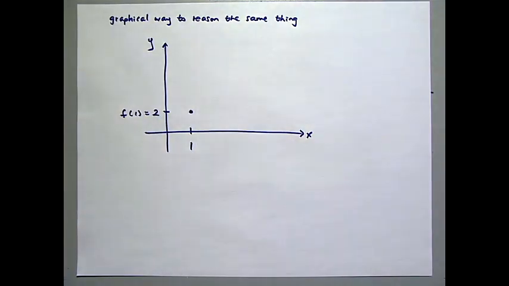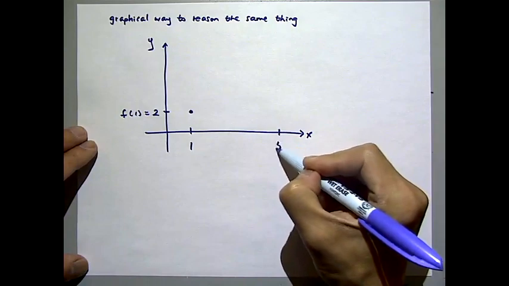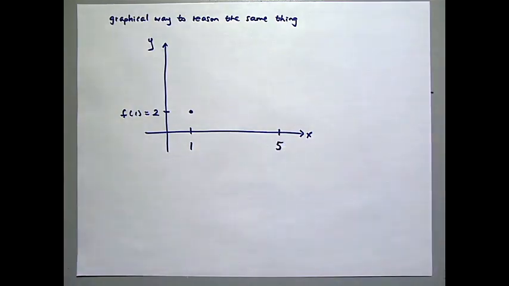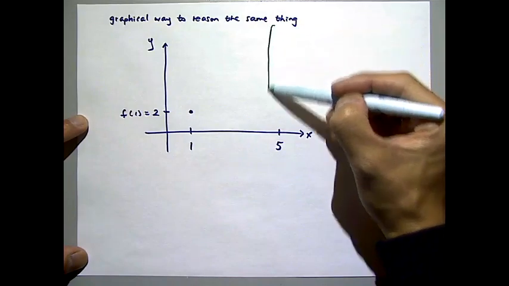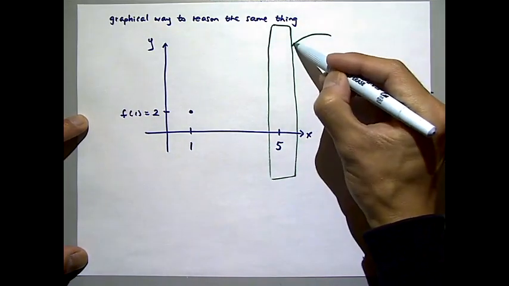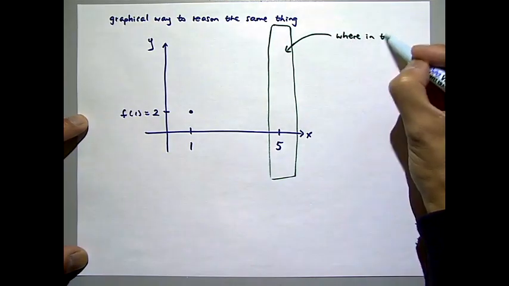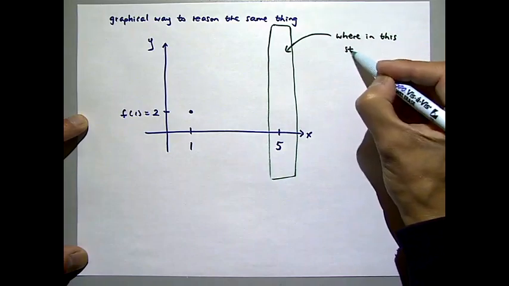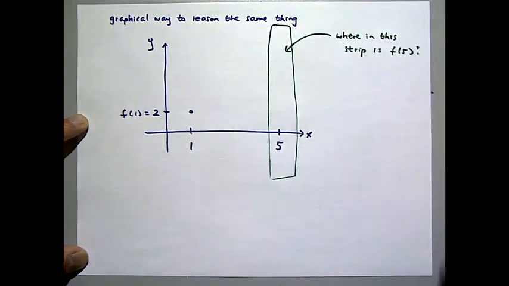So we know we start with f of 1 is equal to 2. That's given to us. That's where we start. And here is 5. So therefore, what we're saying here is, where in this strip is f of 5? It could live anywhere in that strip.